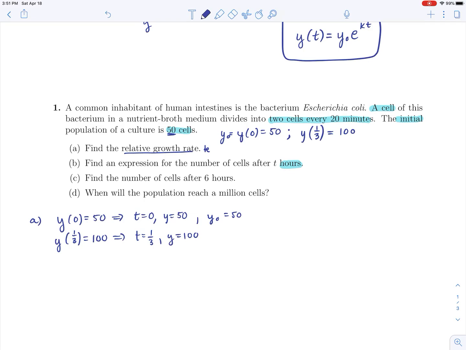So when we use our model, y equals y naught e to the kt, and put in this information, I'm going to use 1/3, 100, and y naught.